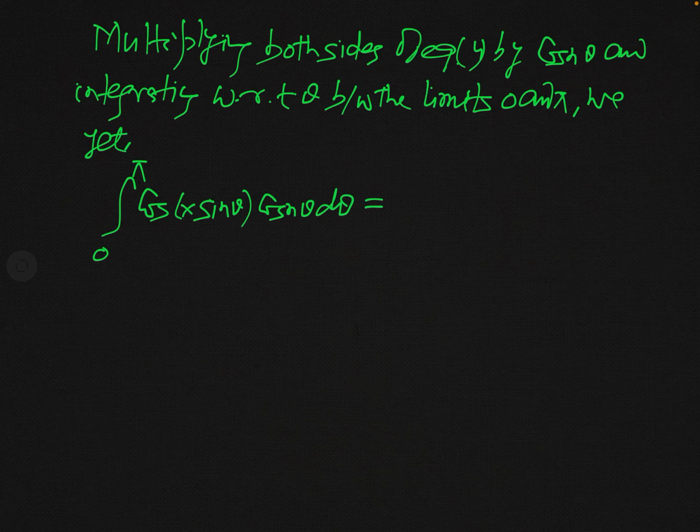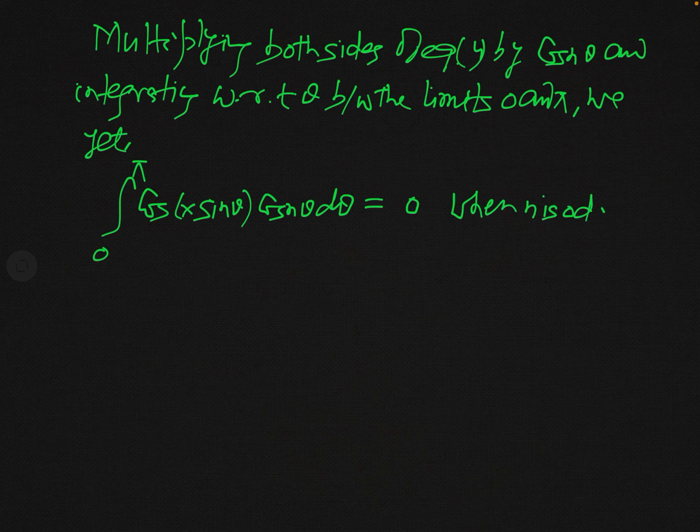And as I have told you, when n is odd, all terms on the RHS will vanish, and if n is even, then only one term will remain non-zero, and that term will contain cos n theta, and all other terms will vanish. You can check it. So we can write this integral in this manner. This is equal to 0 when n is odd.